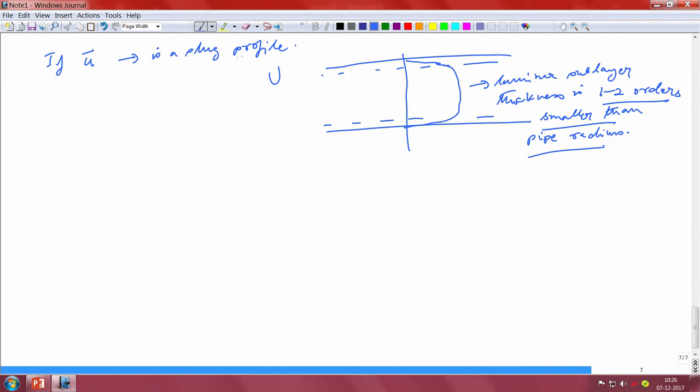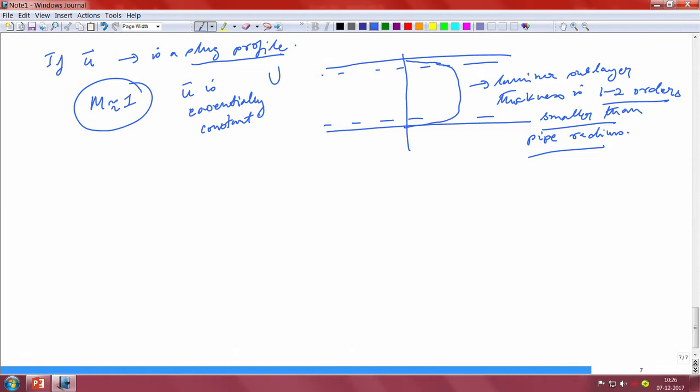So, the moment we say that it is a slug profile and therefore constant, your m becomes a value of 1, because u is essentially constant.